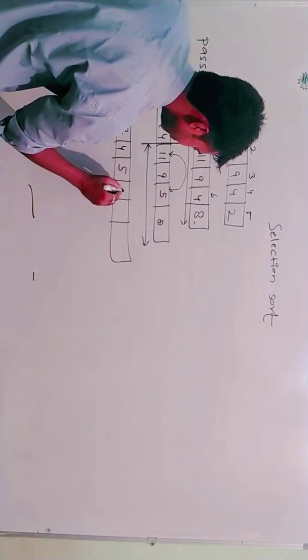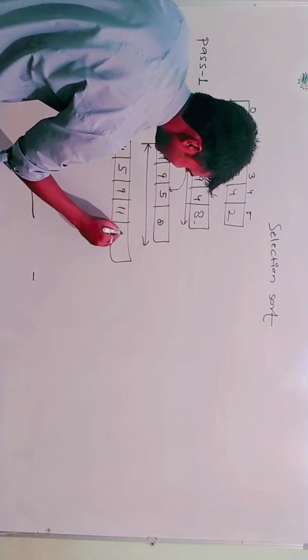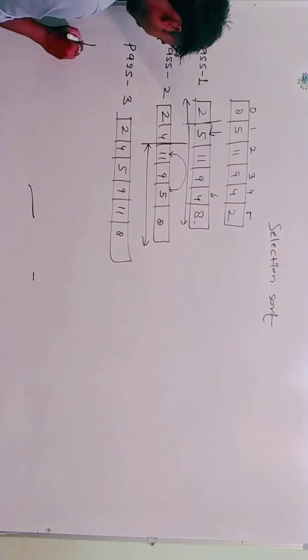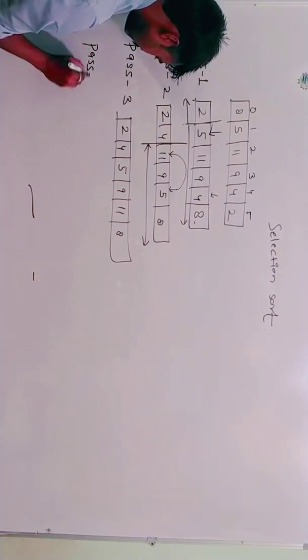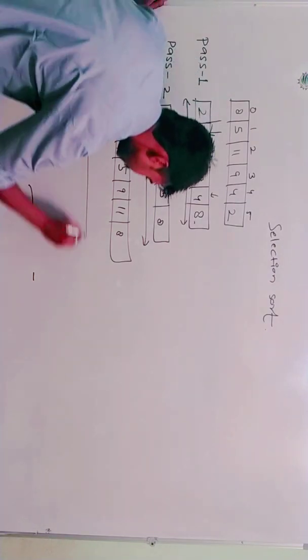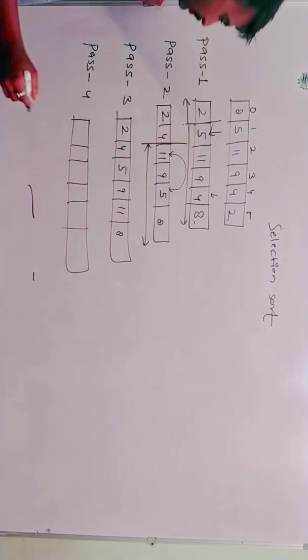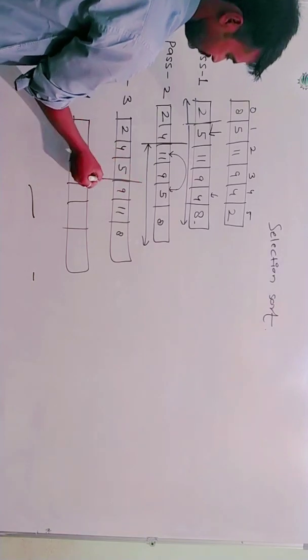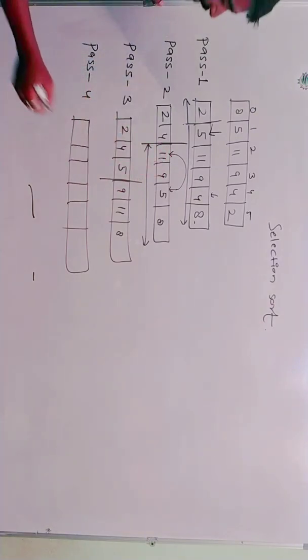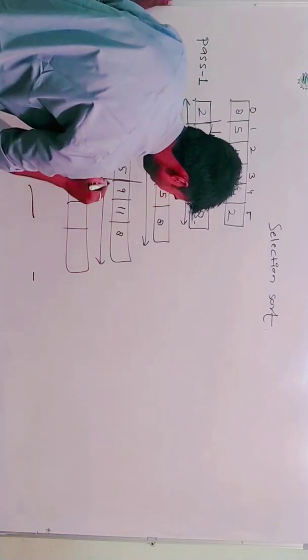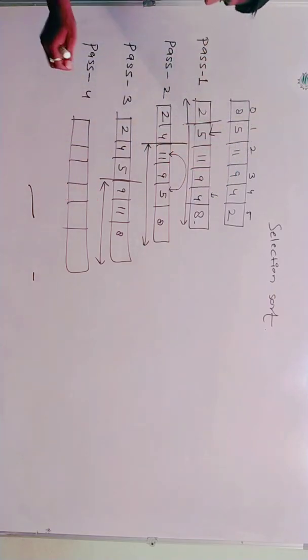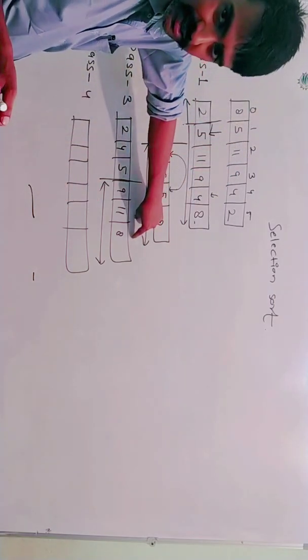11 is swapped with 5. 9, 11, 8. Now pass 4. Now we have to find the minimum or smallest element in this array.